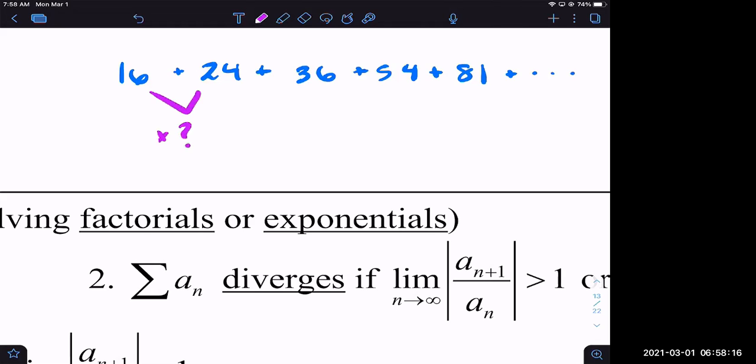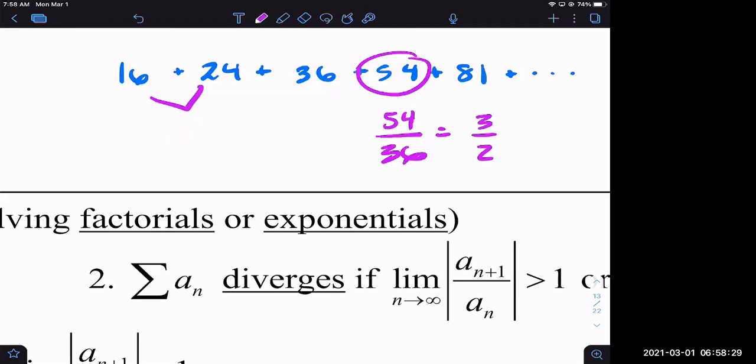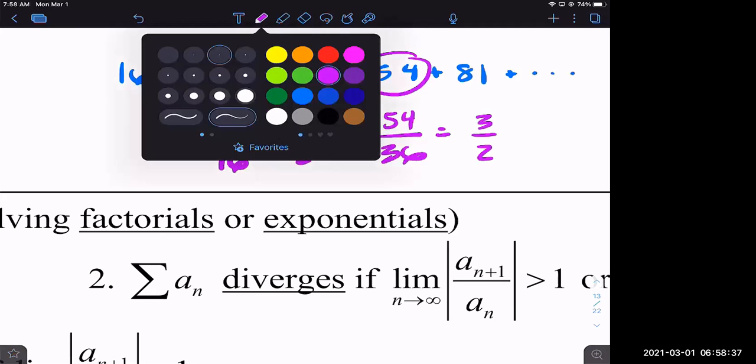If you're trying to work backwards, you can pick any term and divide it by the previous term. So if you take a term and you divide it by the previous term and you reduce that, that reduces to 3 halves. If I did it with any other pair, if you want to figure out what that ratio is, the ratio is a term divided by the previous term. Well, 16 divided by that is 3 halves. Now, again, it works with any pair.